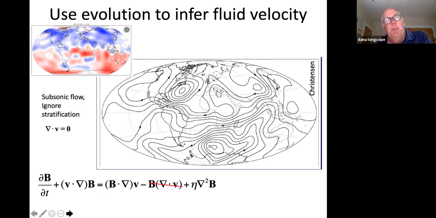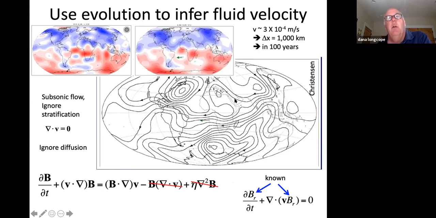And that is what people have done. They've made a few approximations to do this. They actually have ignored the diffusivity. And then they get values for, so those are the known things, and you can actually work out what the velocities are. And now you get basically motions that are 1,000 kilometers every century in some of these places.